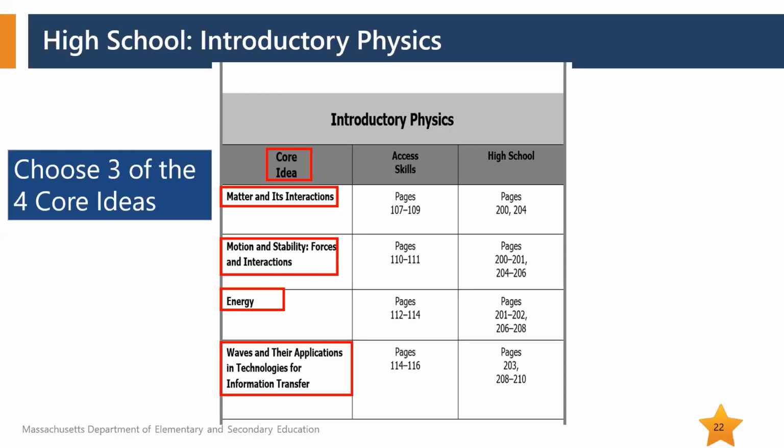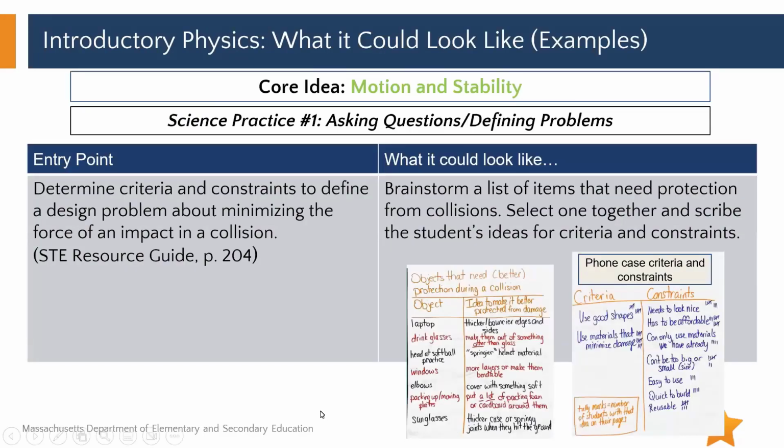And we have some examples for you. But in these examples, there's 1 core idea and only 1 practice. You will be doing a total of 3 science practices, 3 pieces of evidence, and 3 summary sheets for each core idea. So this one is motion and stability.